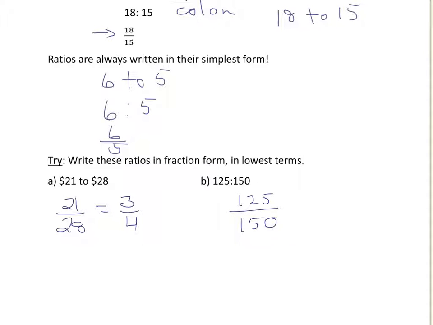So the first number becomes your numerator, the second number becomes your denominator. And then let's reduce that to lowest terms, and you could divide by 5 first, or you might recognize that 25 goes into both of these, and we end up with 5 to 6 as our simplest form.